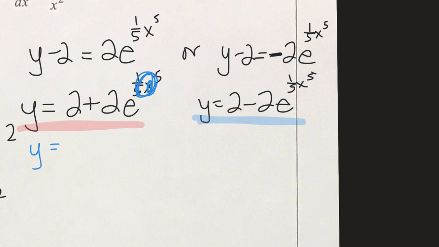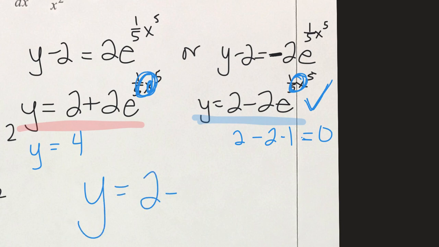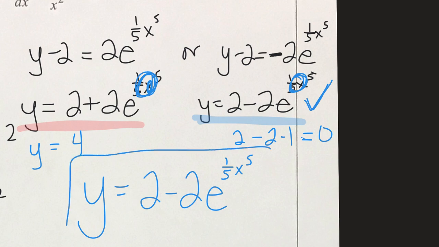So if x equals 0, then y is 4 if it's plus. And then this becomes 2 minus 2 times 1, which is 0. So this equation gives us the correct y value when you plug in an x of 0. So it's not 2 plus 2, but rather 2 minus 2e to the 1/5 x raised to the 5th power.